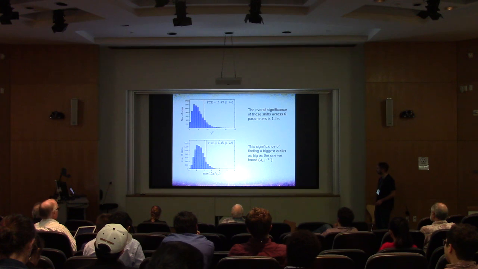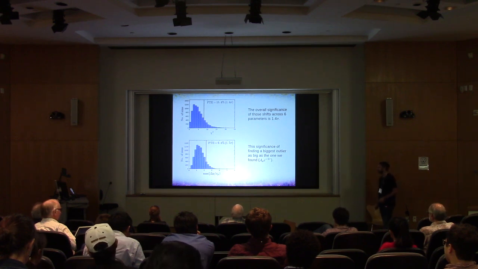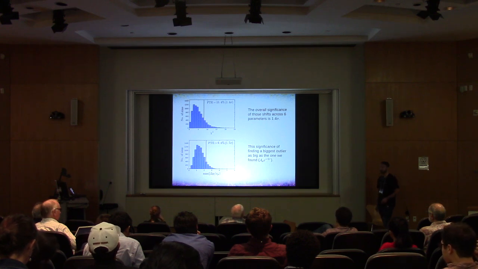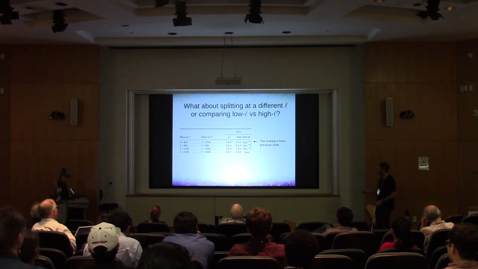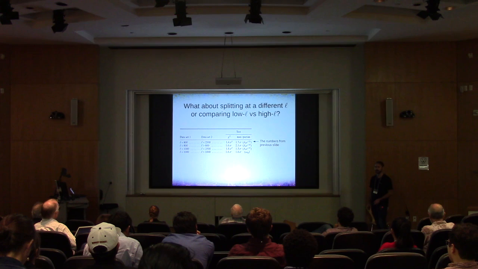We can also look at, for example, a different statistic, the maximum outlier. Doing it with these simulations essentially takes into account the look elsewhere effect. And 1.7 sigma is the significance that we find. So again, really pretty okay. We did this not just comparing this nested set, but also just low versus small versus large scales, and cutting at 1,000 instead of 800. And then we also did this at like 20 other different cuts.